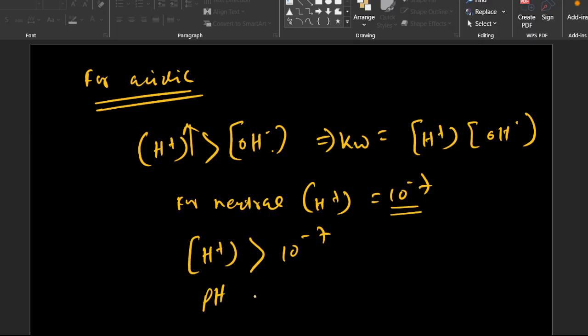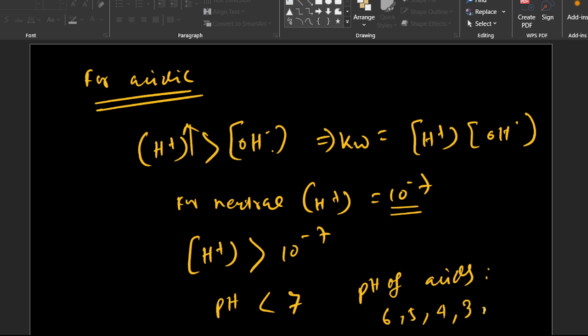So pH will be less than 7. So the pH of acids will be less than 7, so that will be 6, 5, 4, 3, 2, 1.